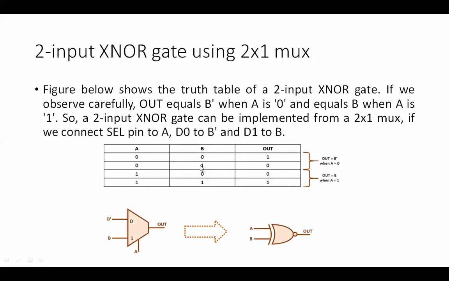So if the inputs are different, you're getting a 0, 0, 1. Now try to see the relationship between them. So this is equal to B when A is equal to 1, and this is B bar when A is equal to 0.